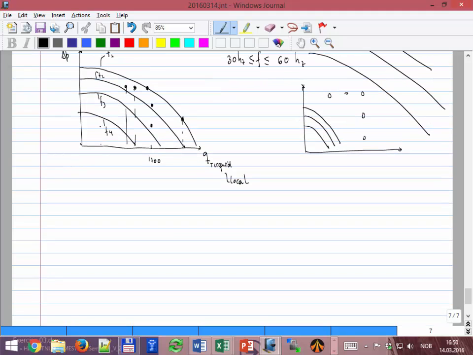I told you last class that actually we don't plot for the pumps with delta P, but with delta H, delta head. That is delta P divided by the density times the gravitational acceleration, versus Q of the liquid.